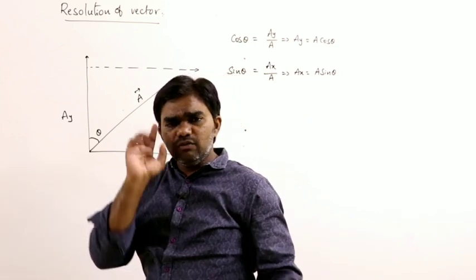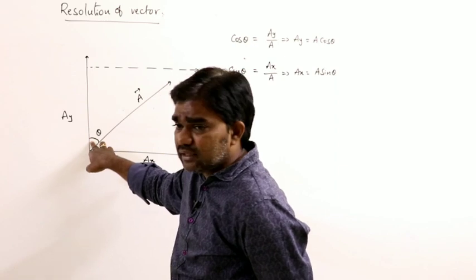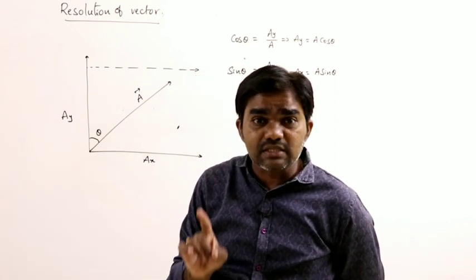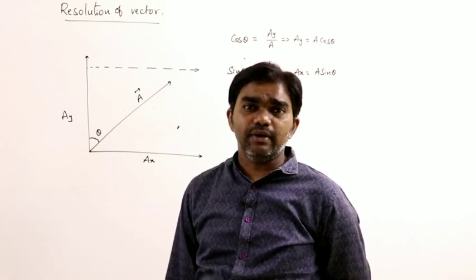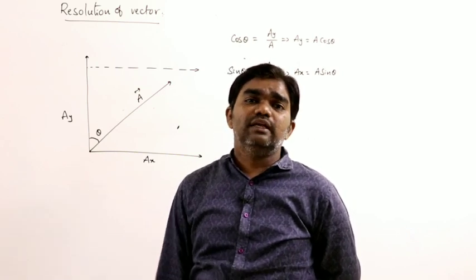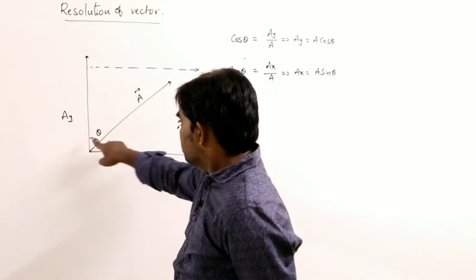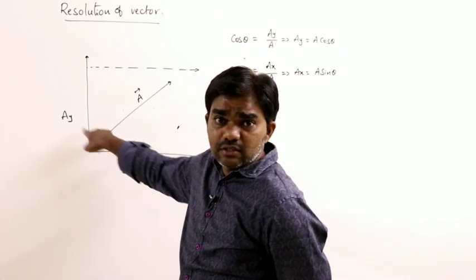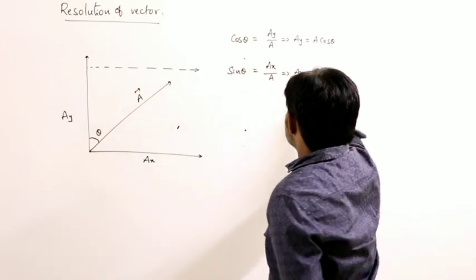So remember one thing: with what axis the vector makes an angle theta, that is the cos theta component. Another one is the sin theta component.